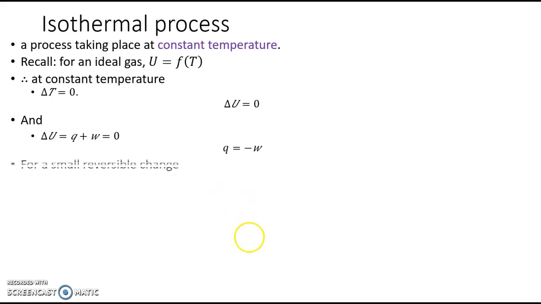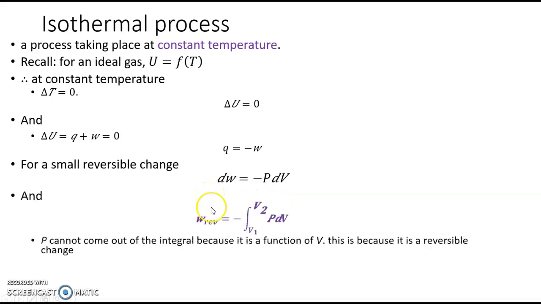Now, if in an isothermal process a small change is being considered, then we have dW equal to minus P dV. We take the integral of both sides. W reversible will be the negative of the integral from V1, the initial state, to V2, the final state after the process, of P dV.